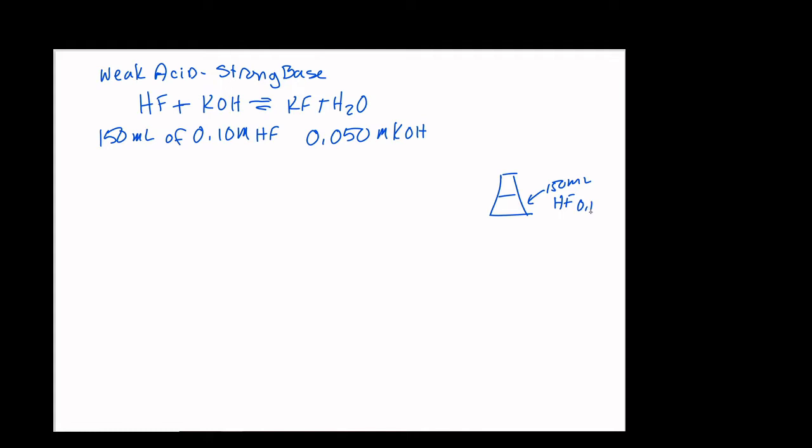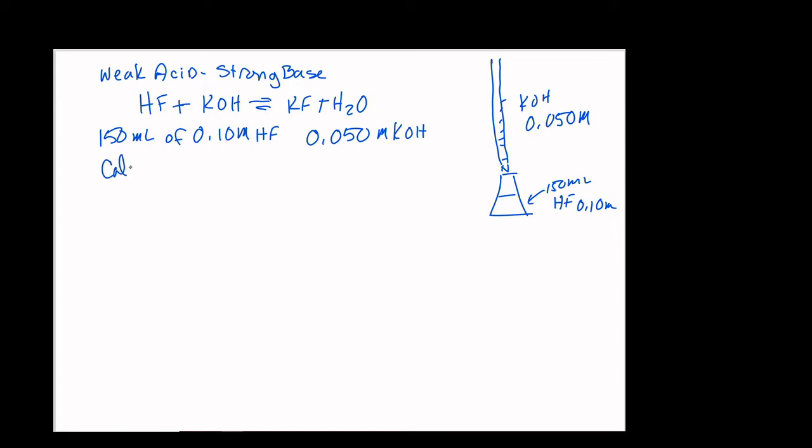And that's 0.10 molar HF. And then we've got a burette set up above it, right? And we're going to be adding KOH a little bit at a time, and that KOH is 0.050 molar.